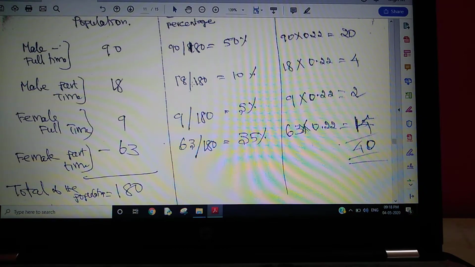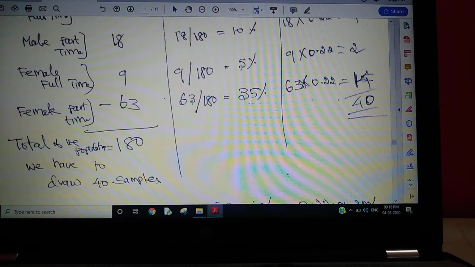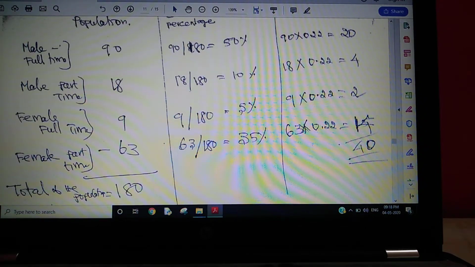And out of 180, 9 employees are female full time and 63 employees are female part-time, which is 5% and 35%. So the total population: this stratum is 50%, this stratum is 10%, and 5% and 35%.